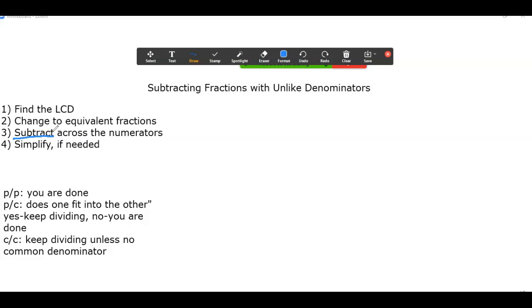Okay? So we're going to do the first problem, 4/7 minus 1/3. And I should have put up here because I don't want us to forget that we need to estimate. We should always estimate to see if we have a reasonable answer. Okay?